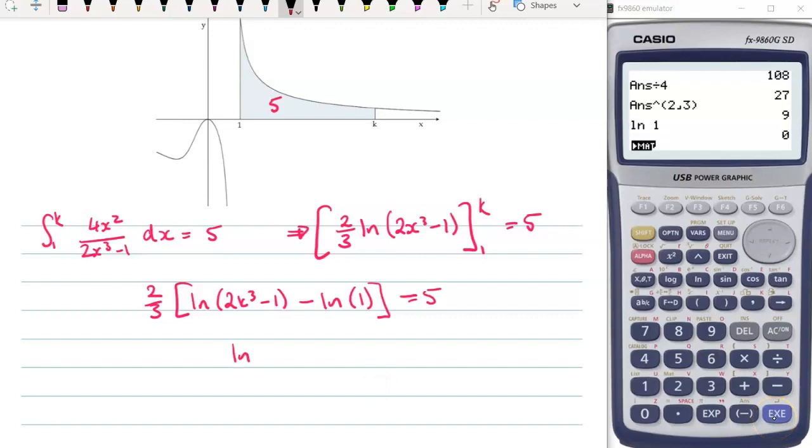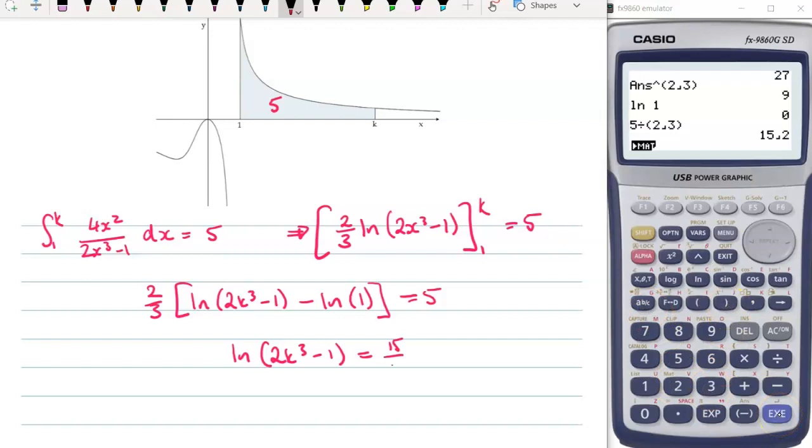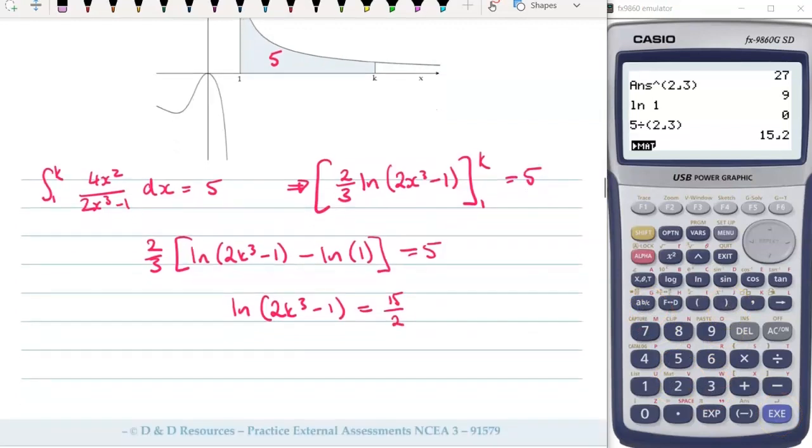So then we have log 2k cubed minus 1 is equal to, if I do 5 divided by 2/3, we get 15 over 2. 2k cubed minus 1 is then e to the power of that. Let's say that's 7.5, make it easier for me to fit in here.